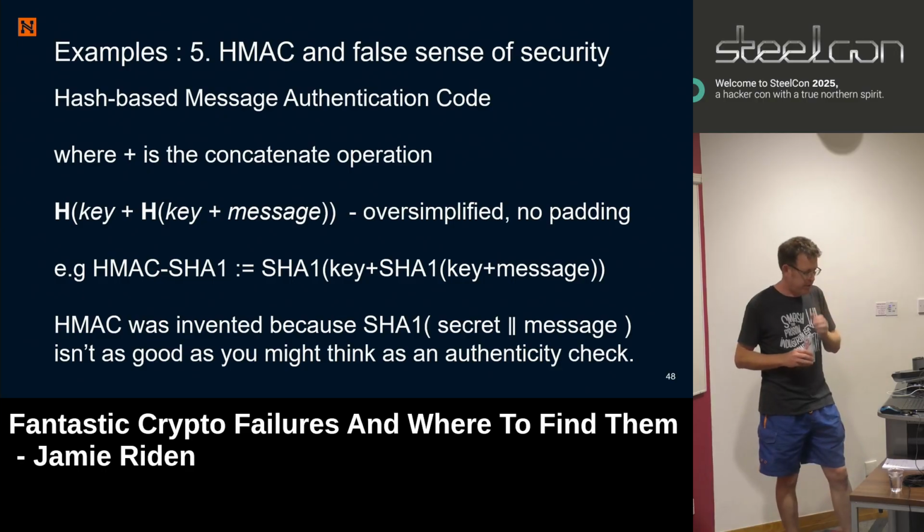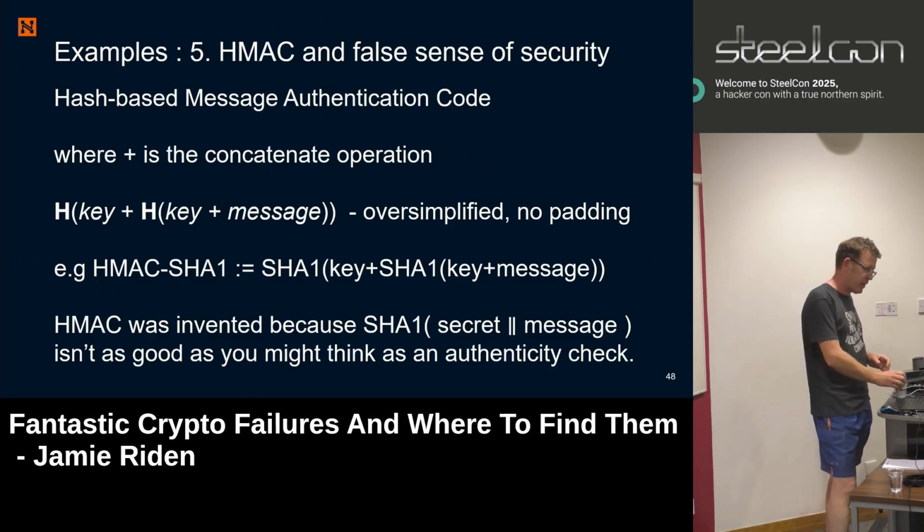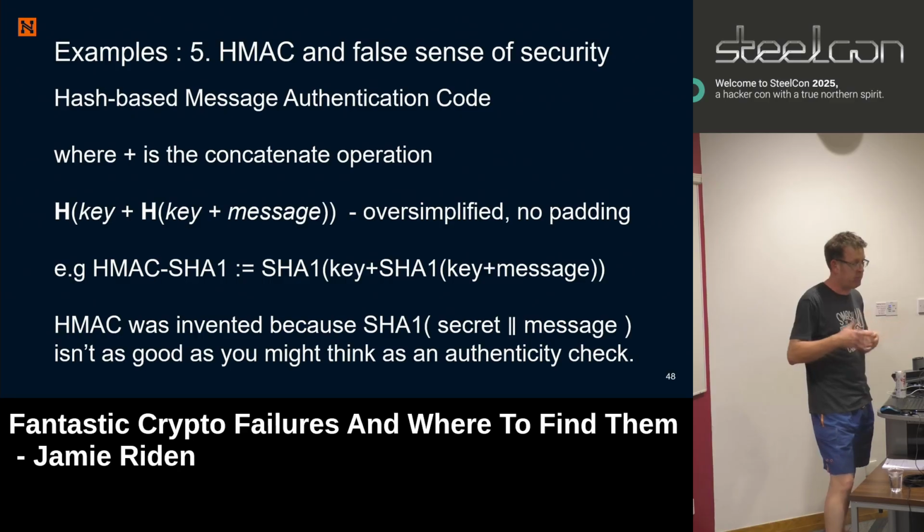I think I briefly touched on HMAC before. So this is a hashed message authentication code, which means you want to verify that a message is true, i.e. it's been constructed by your intended counterparty and not some random bloke in the middle. So the construction is to use a hash function of the key plus a hash function of the key and message.